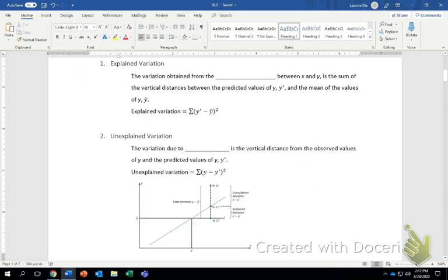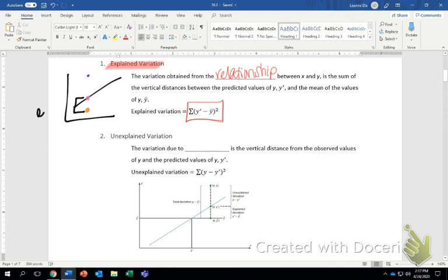Our first piece is our explained variation. This is variation obtained from the relationship, as we said before, of the x and y variables. This is the formula we're going to use. If we draw the same picture as before, the explained variation is between y prime, which is the prediction, and the average.